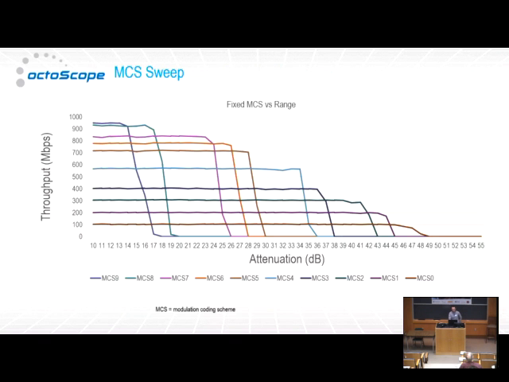So a quick example of how you could run a test and quickly gain insights as to how your device adapts is this kind of example, right? So Wi-Fi devices use these things called modulation coding schemes, right? These are standardized sets of modulation schemes and forward error correction codes.